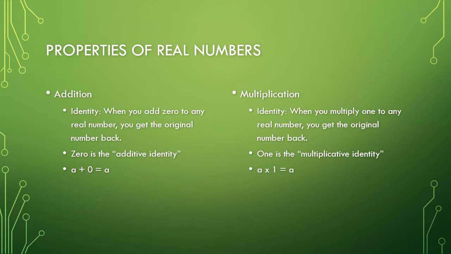For multiplication, our multiplicative identity is the number 1. If I multiply 1 by anything, I get the same number back. 1 times 27 is still 27. These additive and multiplicative identities are part of our real numbers.